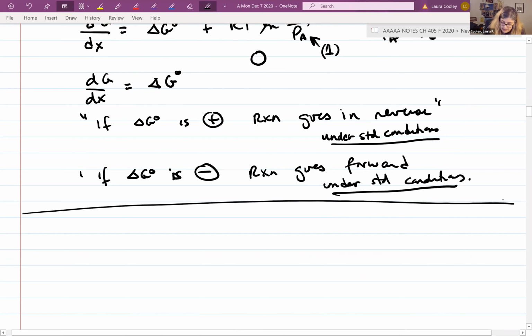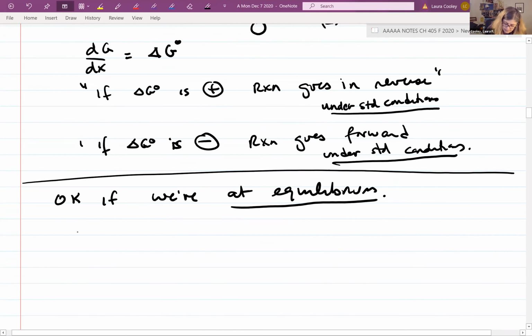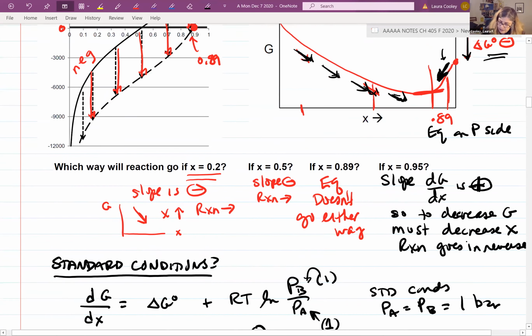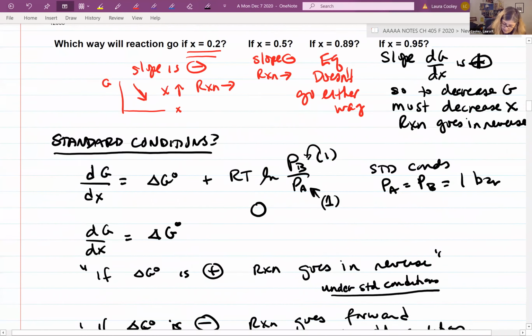more general case. But first I want to say, okay, if we're at equilibrium, okay, so if we've reached equilibrium, we know that this slope here, dG/dx, is equal to 0 at equilibrium.